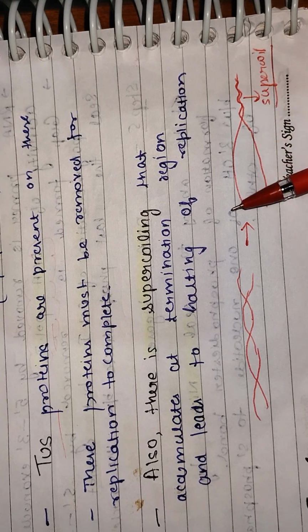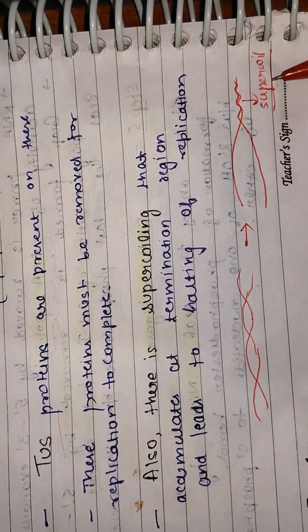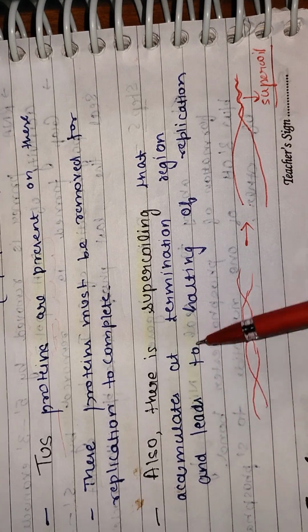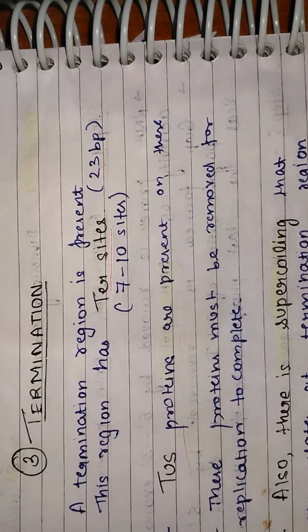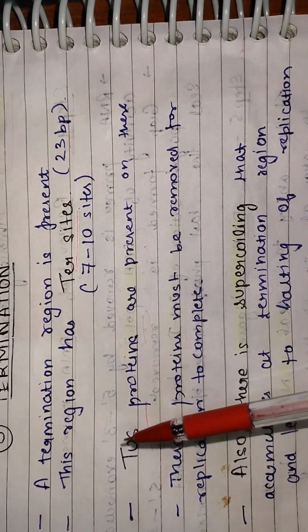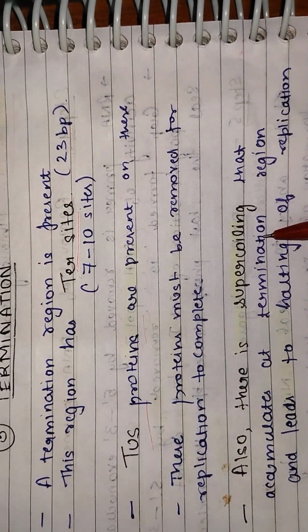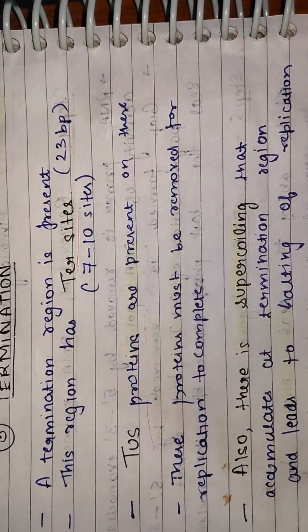This will also lead to the halting of replication. So these two factors, the presence of TUS proteins and the supercoiling, have to be removed for the replication to complete.